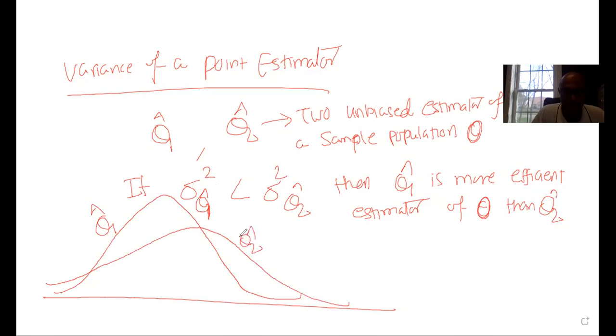This is my theta 2 cap. You can see over here, this is my mean value, so this variance is smaller than the second variance, with respect to the unbiased estimator theta 2 cap.